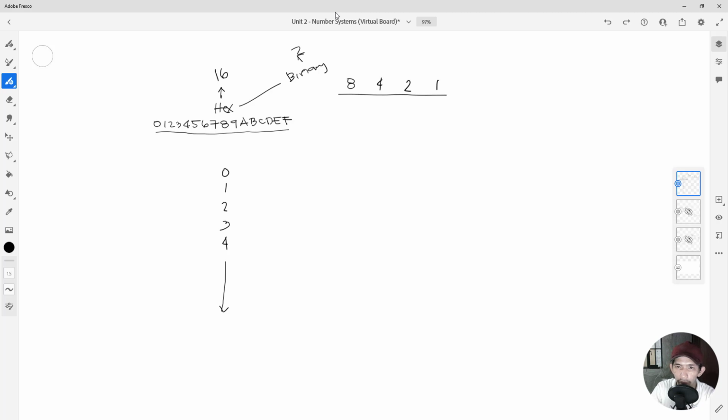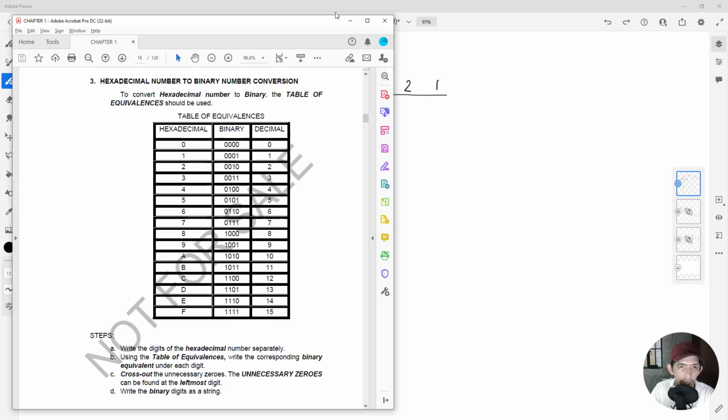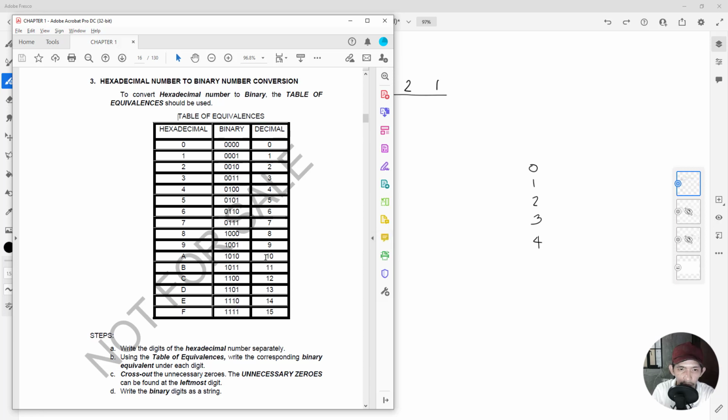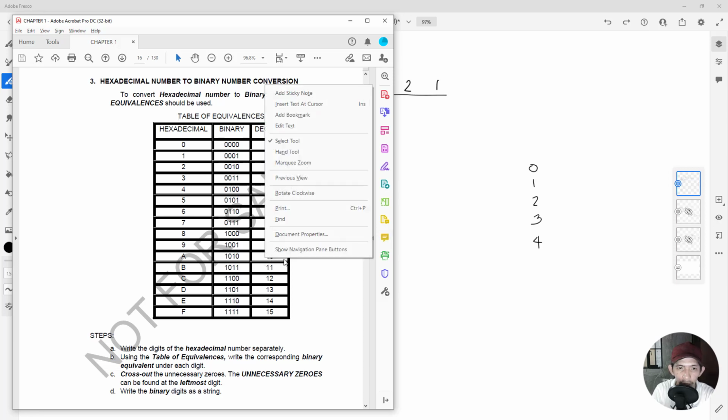And then we have here, pinakita natin yan, decimal. Decimal, siyempre, ang katumbas nun is 0 din. 1, 2, 3, 4, and so on and so forth. Pagdating dito sa A, mapapansin niyo po dito sa A, siya ay 10.